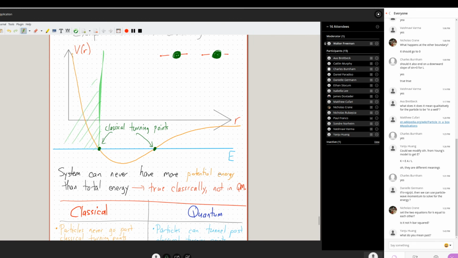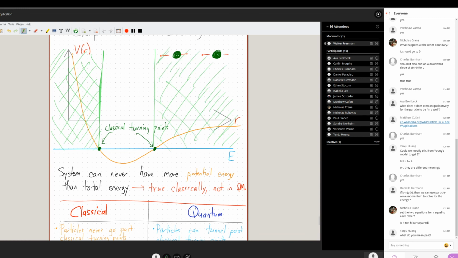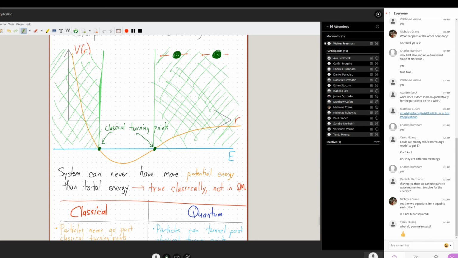This region over here that I'm shading in green in a very unsophisticated way, and this region over here that I'm shading in green, these are classically forbidden regions, because for the particle to move into those regions, we'll label them classically forbidden, it would have to have more total energy than it had potential energy.